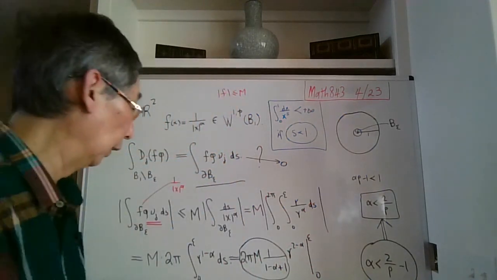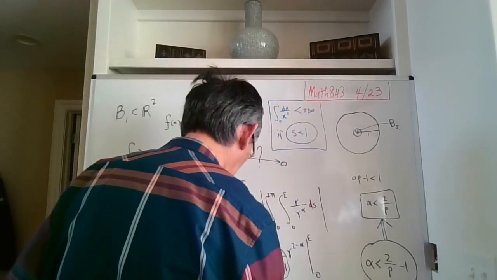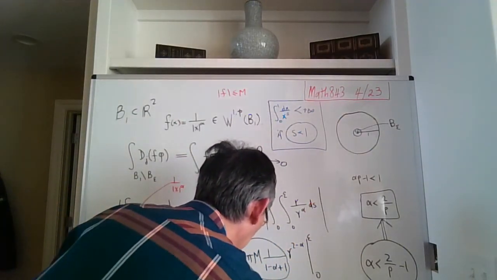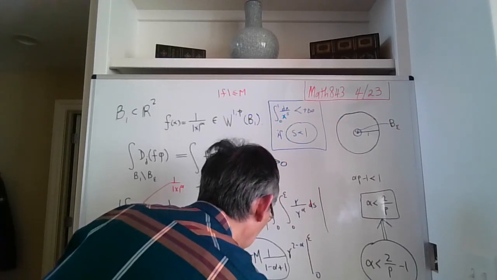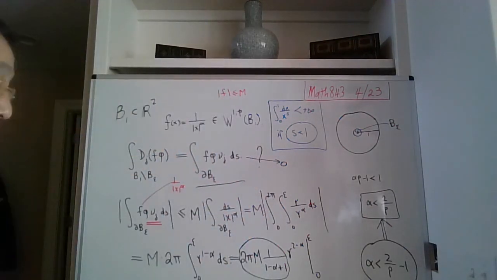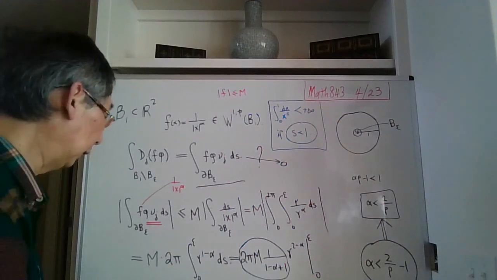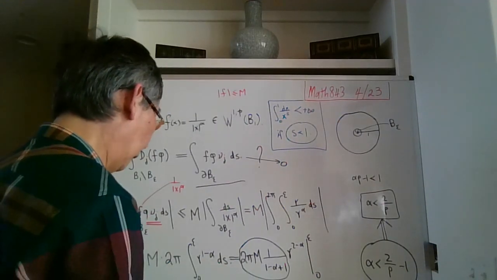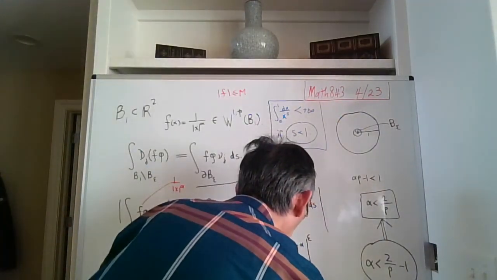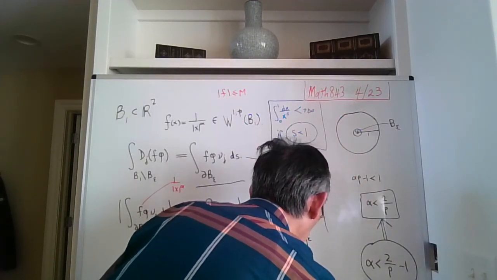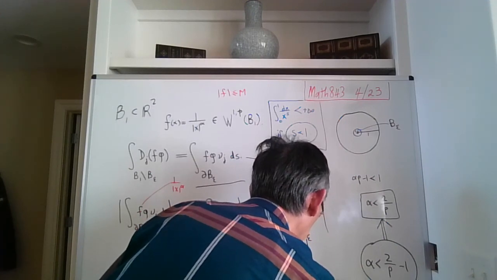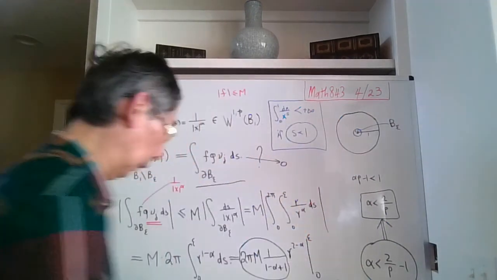So the whole thing equals epsilon to the 2 minus alpha, and you can see that this goes to 0 as long as alpha is less than 2.